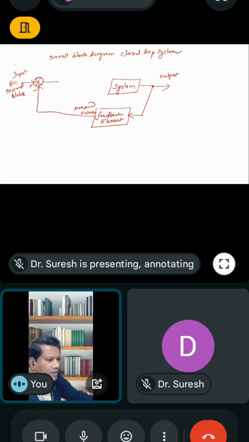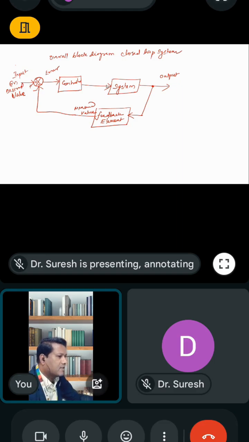Based on the deviation between input and measured value, we get an error signal. That error is sent to a controller. The controller takes corrective action to minimize the error. So this is the basic operation and block diagram of closed loop control system. I will explain again.